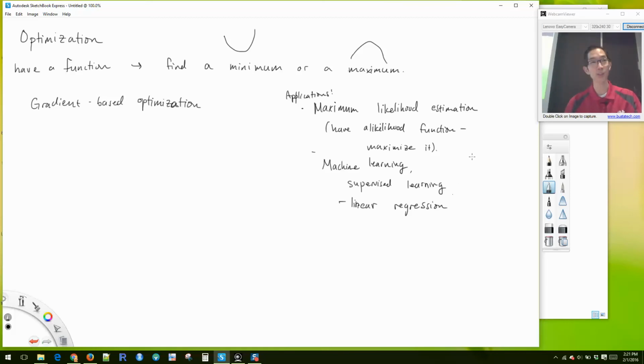What is the function that we're trying to optimize in linear regression? The function that we're optimizing is the sum of squares residuals.